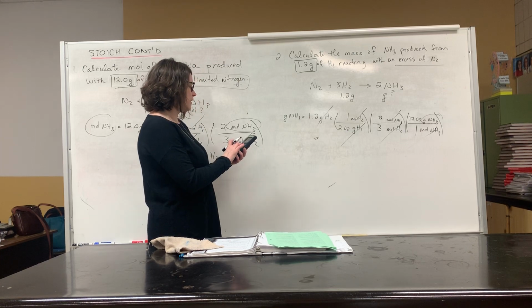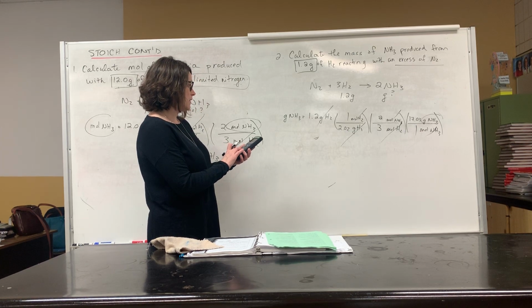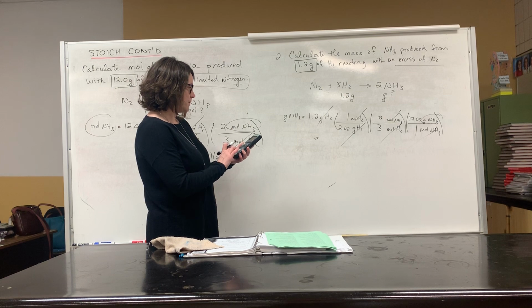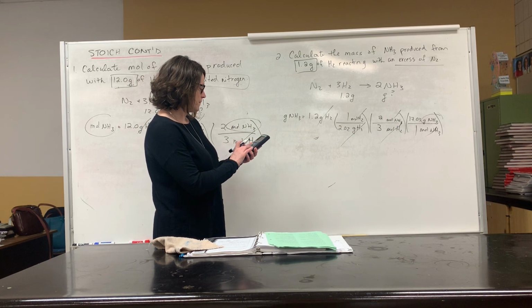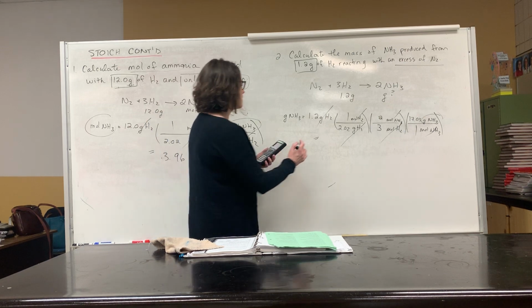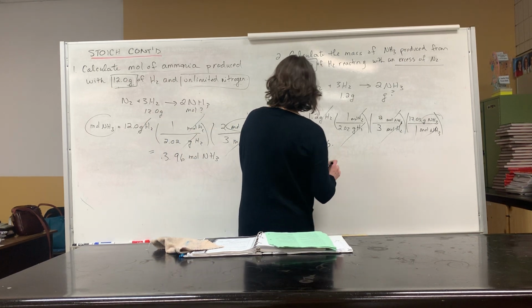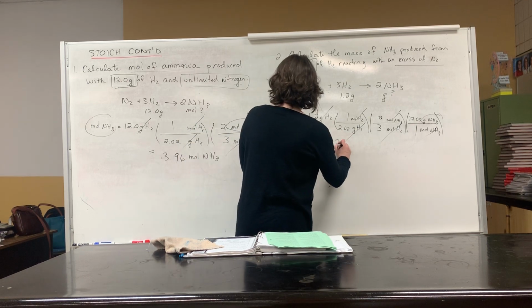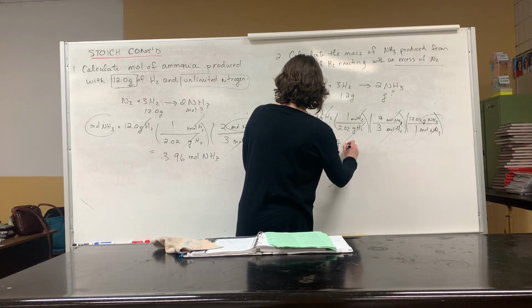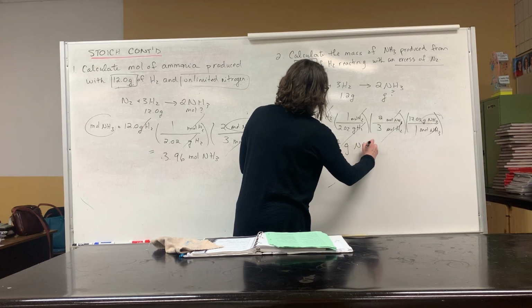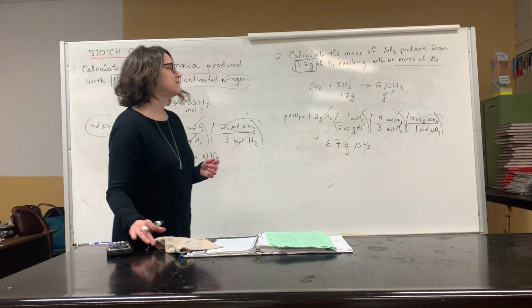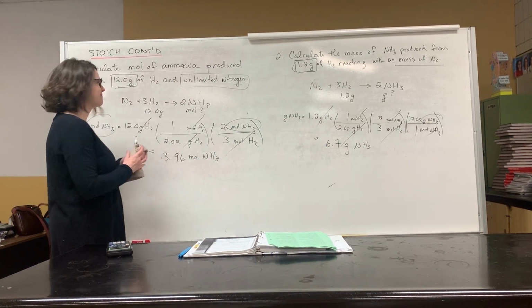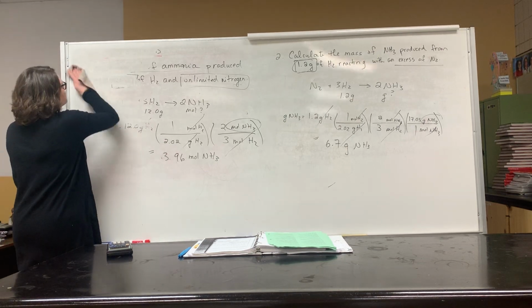So you can get your calculators out. And you get an answer of 6.74, but I have to remember I have only 2 sig figs, so 6.7 grams of NH3. Good? Okay, let's do another one.